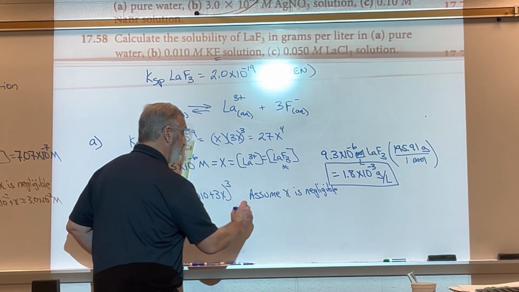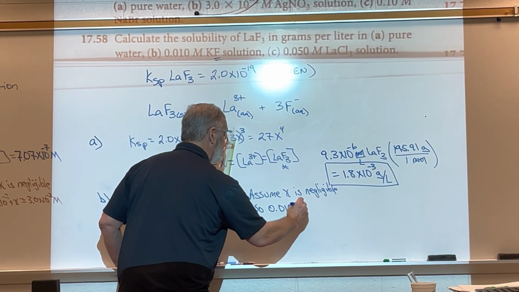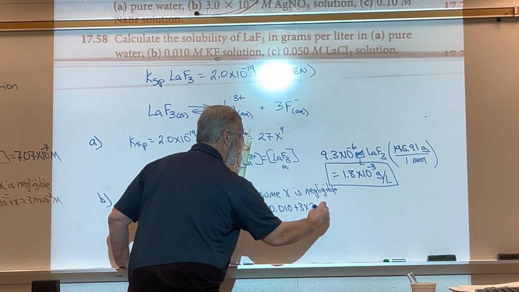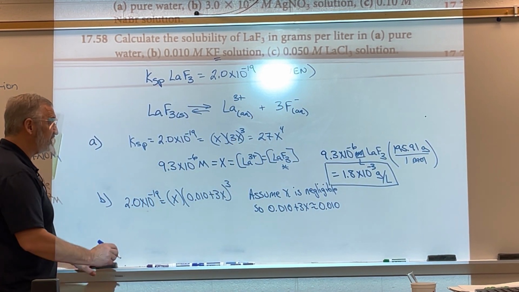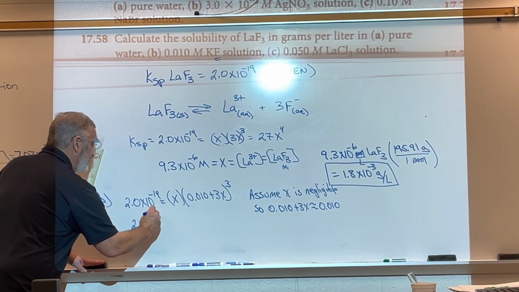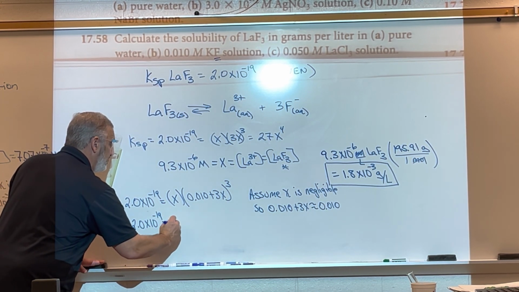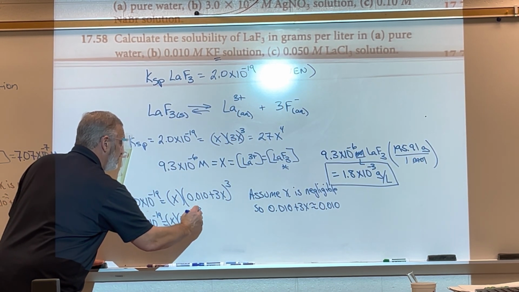That means 0.010 plus 3x approximately equals 0.010, to two sig figs. So that just means we can ignore it. So it's going to be 2.0 times 10 to the minus 19 is equal to x times 0.010 cubed.